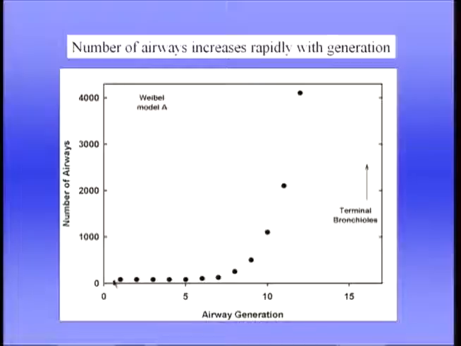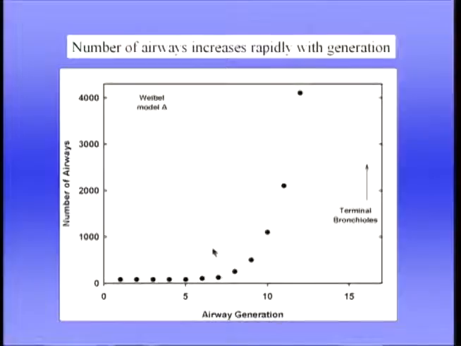Trachea, which would be down here somewhere, would be one airway and so on. 2 airways for the right and left main bronchi and so on. And you can see that after we get to generation 11 or 12 or so, there's a very rapid increase in the number of airways. In fact, at the level of the terminal bronchioles, there are something like 50,000 airways in the lung, a tremendous number of terminal bronchioles.